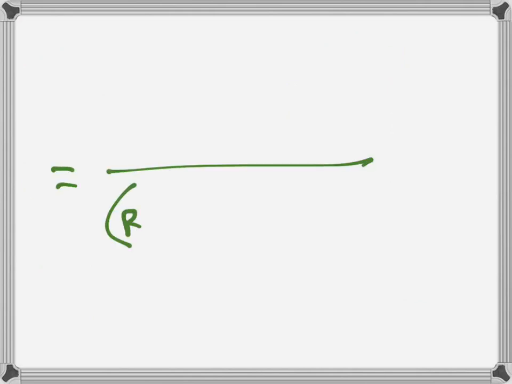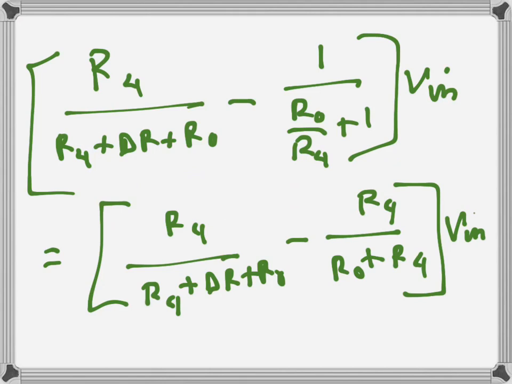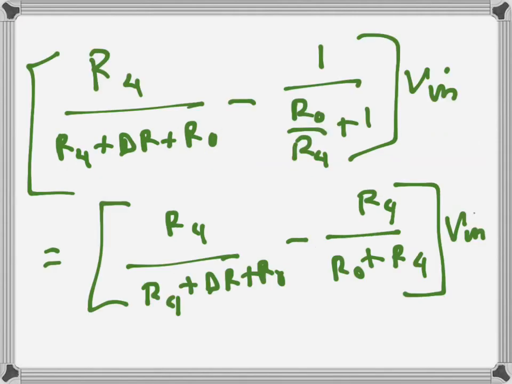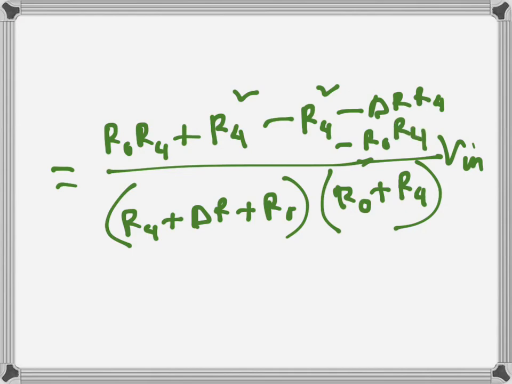So this is now R0 plus del R plus R4 times R0 plus R4 in the denominator, and we have V in there. In the numerator, basically just the subtraction: R4 squared minus R4 squared minus del R times R4, and then R0 R4 terms.